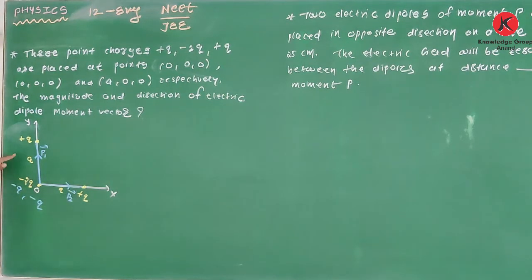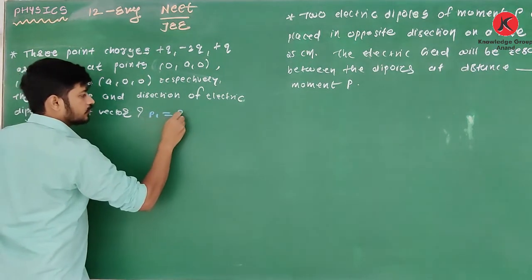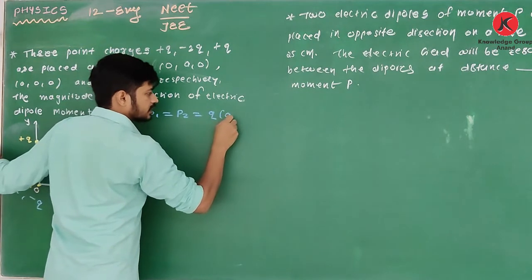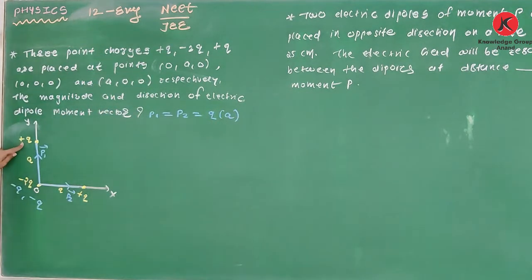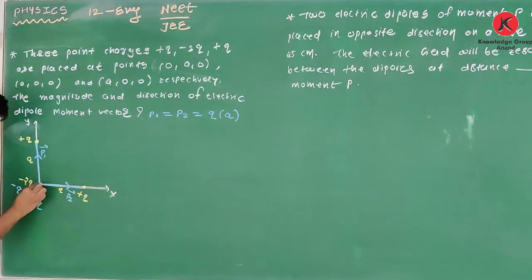Simple. And we know that the magnitudes of P1 and P2 are the same. P1 is equal to P2 is equal to q times a, and the distance between plus q and minus q is a. Simple. So the magnitudes are equal, but the directions are perpendicular to each other.